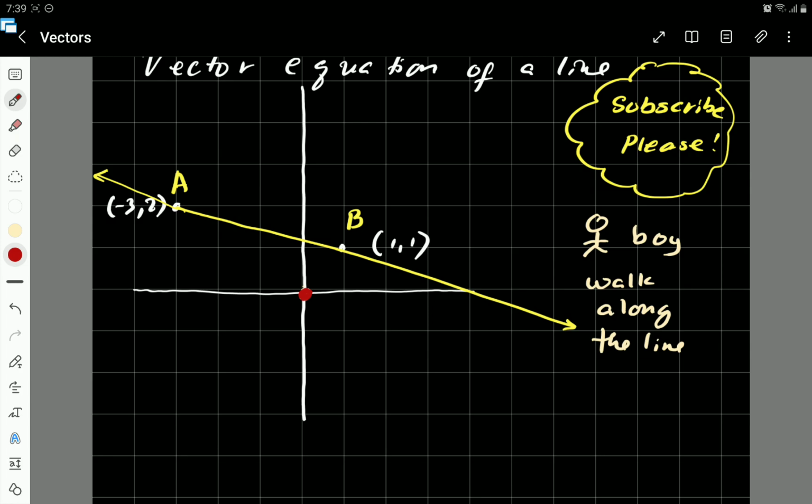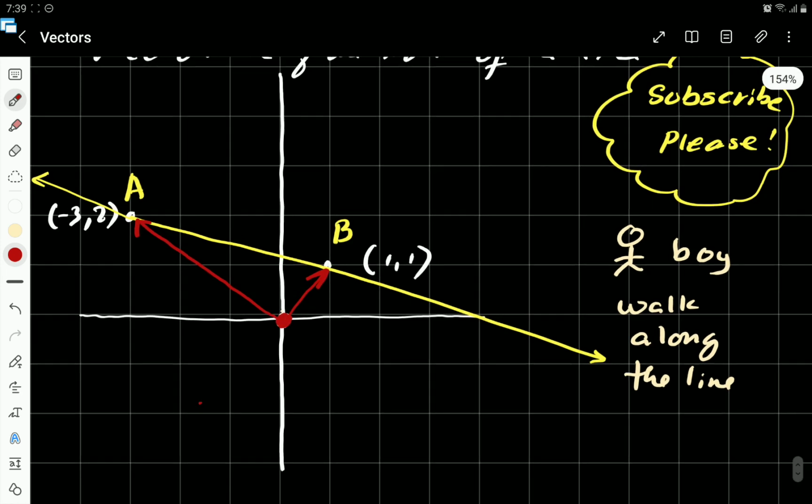Basically what you can say is that, for you to be able to go to that line, you must be on the line. So either you go to point B, or you go to point A. The boy will decide, am I going to A or am I going to B?